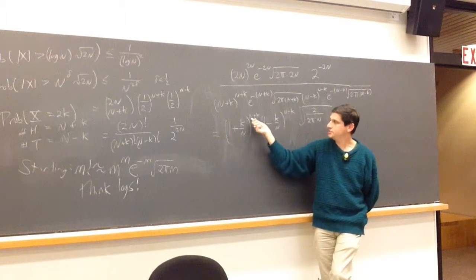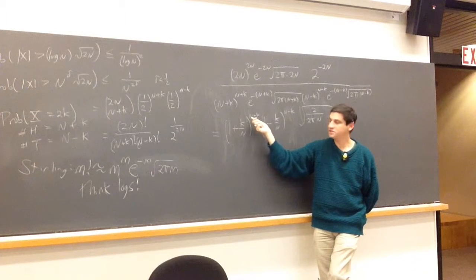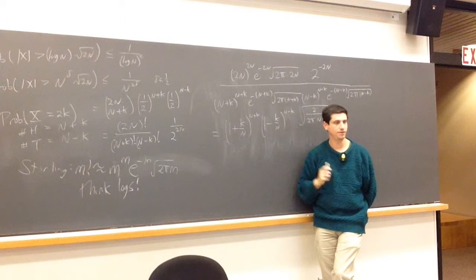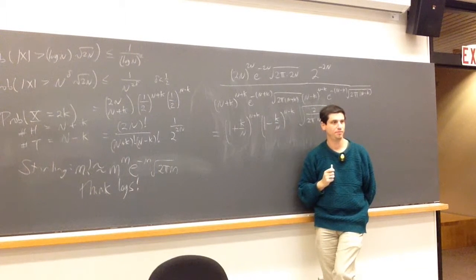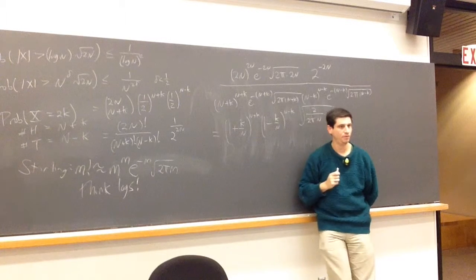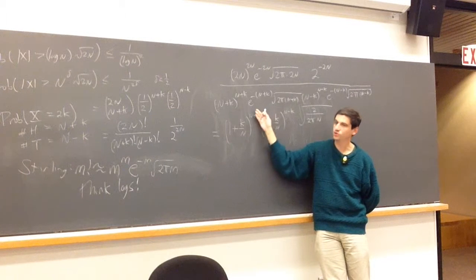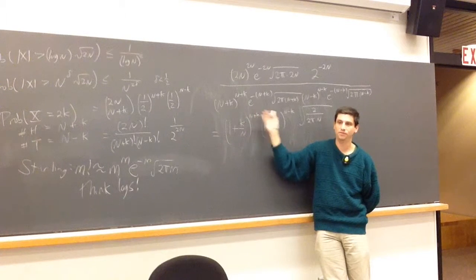Now, n is extremely large. When n is extremely large, what does 1 plus k over n look like if I raise that to the nth power? What do you think 1 plus k over n to the n looks like if n is huge?